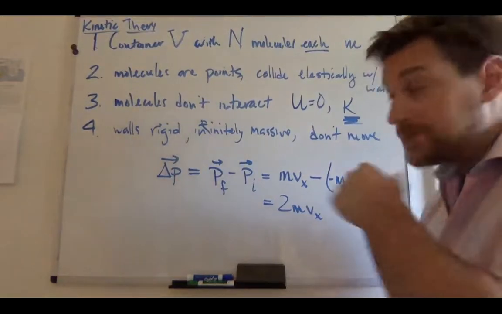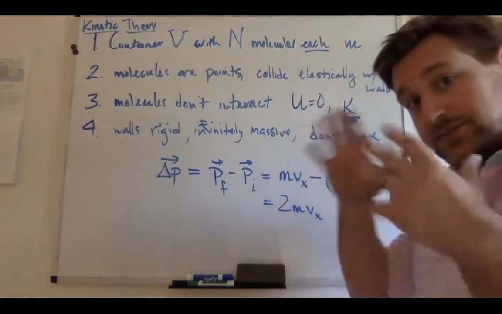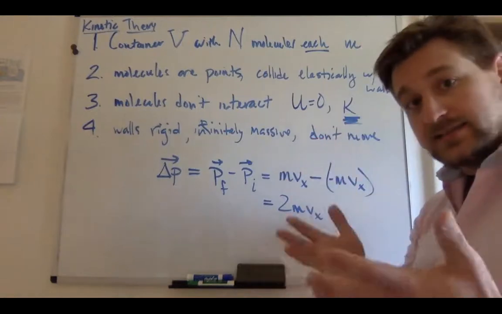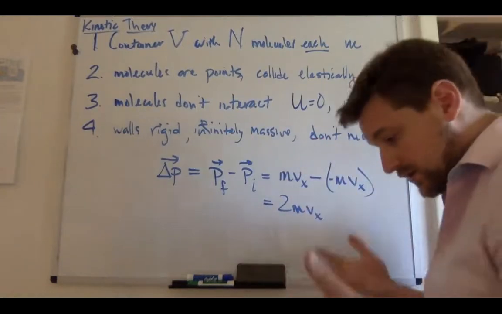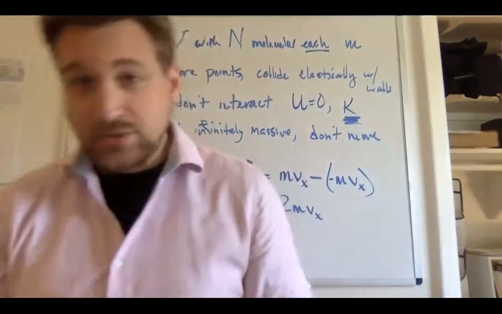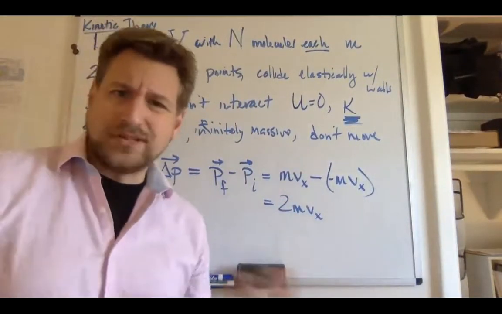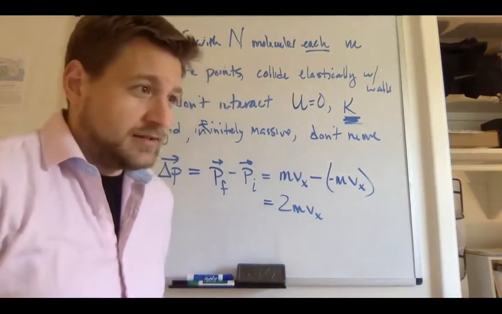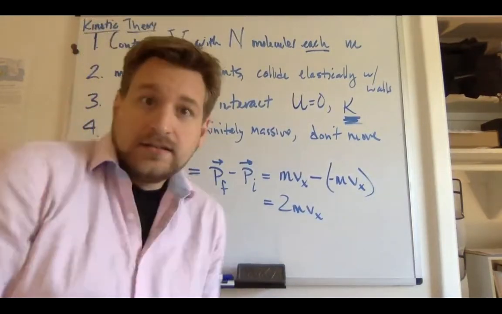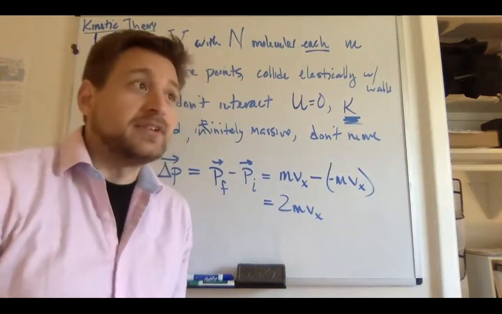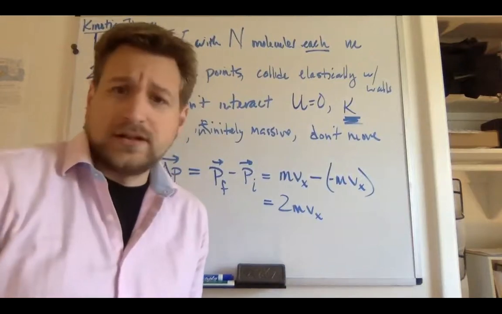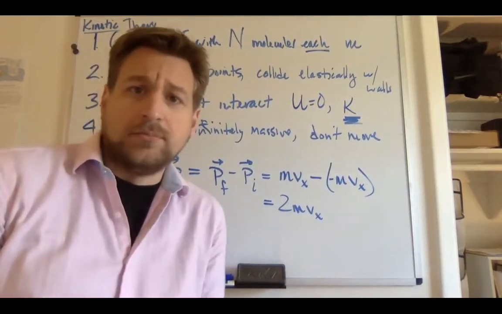The first assumption is that the container has a volume V and it contains capital N molecules. That's going to be useful for us here because there's no reason the molecules should clump any particular place. The molecular density, the population density, should be uniform throughout.